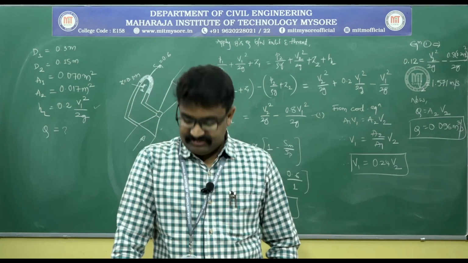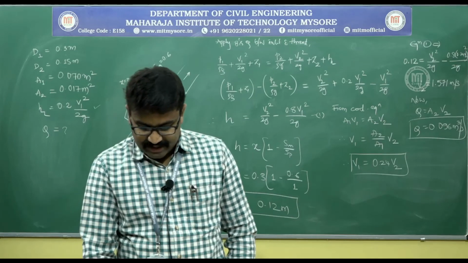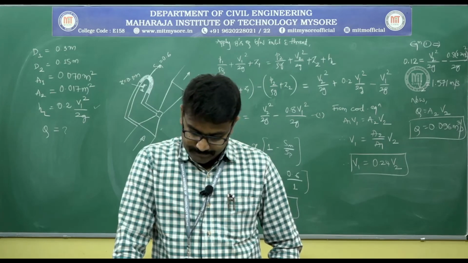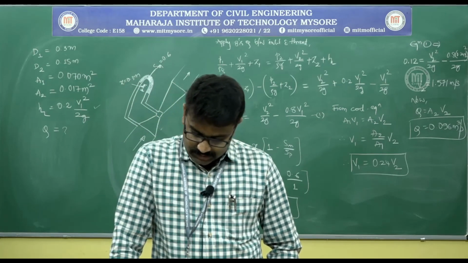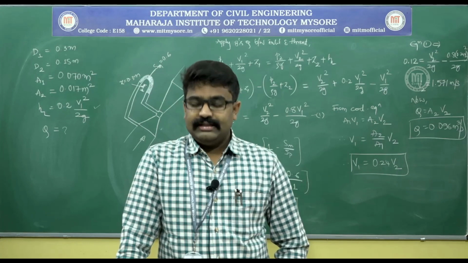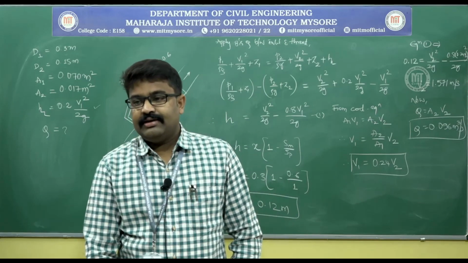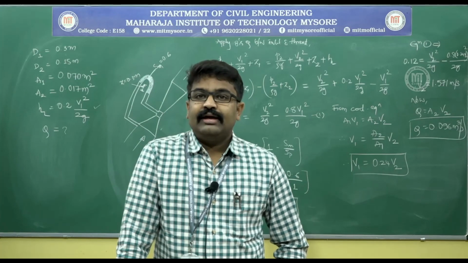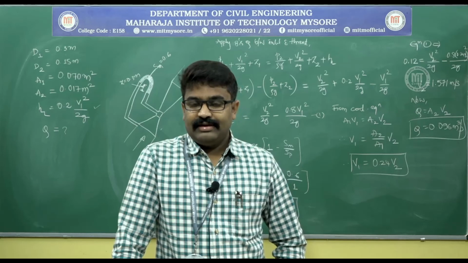When an oil of specific gravity 0.8 flows through it, the mercury in the differential gauge indicates a height difference of 12 centimeter.